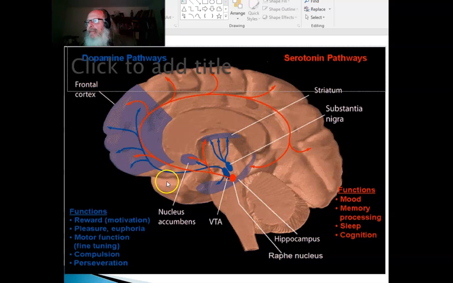But there's some overlap, and a particular place where this overlap is important is this particular part of the hypothalamus called the nucleus accumbens. And then there's also overlap here in the hippocampus, which we know is associated with memory.